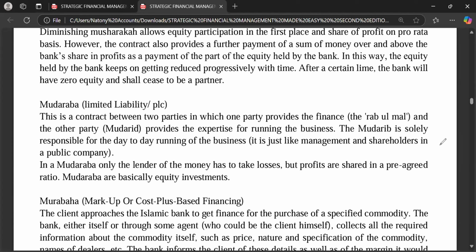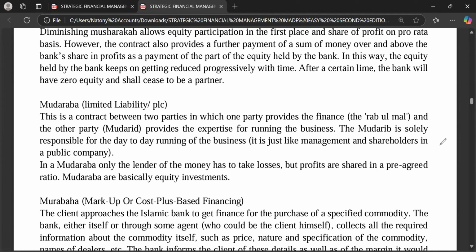Somebody provides the finance, and the provider of the finance does not engage in the day-to-day running of the business. It is the duty of the mudarib to manage the business. Then how are profits or losses going to be shared in this kind of arrangement?